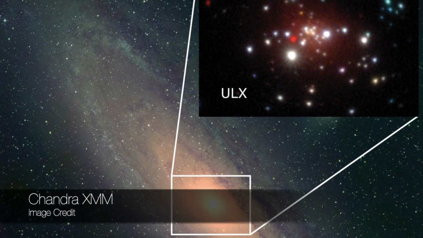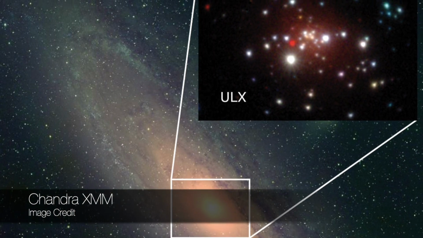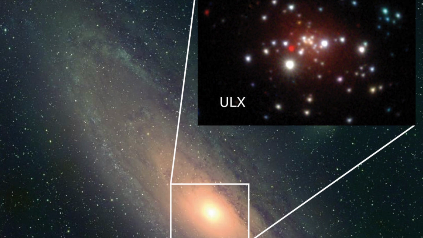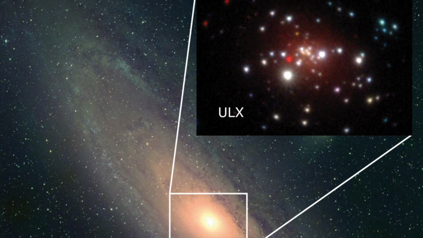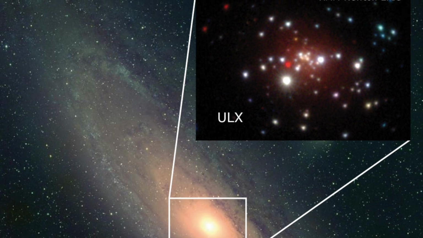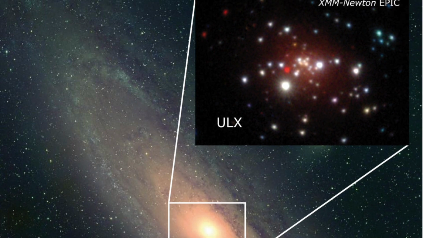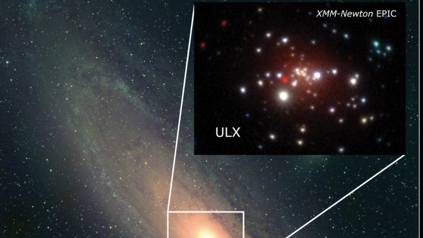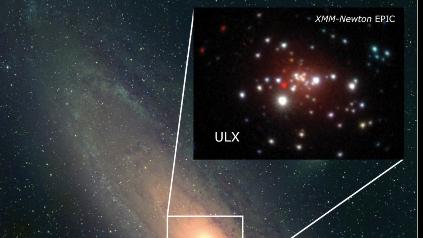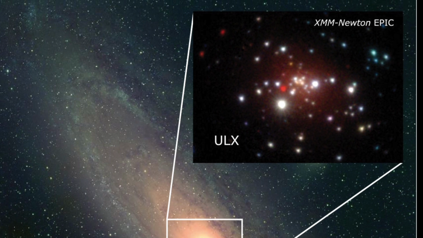So using this type of technology, the team were able to look at an ultraluminous X-ray source, the centre of the Andromeda Galaxy. In this image here, we can see the region just like we did in our Milky Way, where a supermassive black hole lurks at the centre of the Andromeda Galaxy. And it is these two galaxies that will merge together and give us the huge black hole that we think will exist at the centre of this galaxy in many billions of years to come.